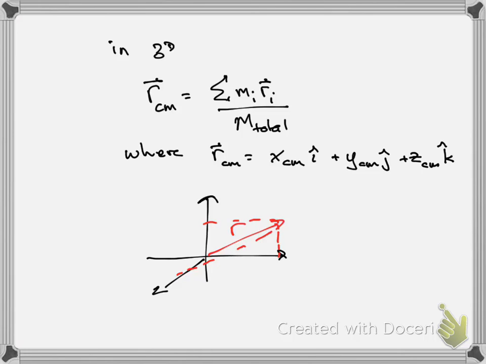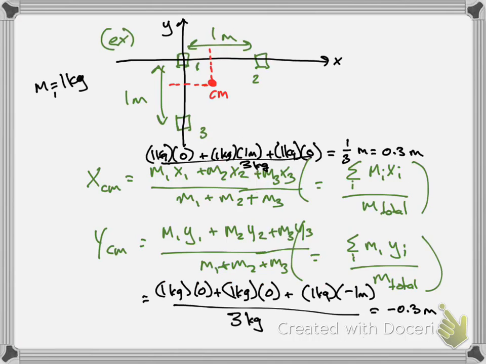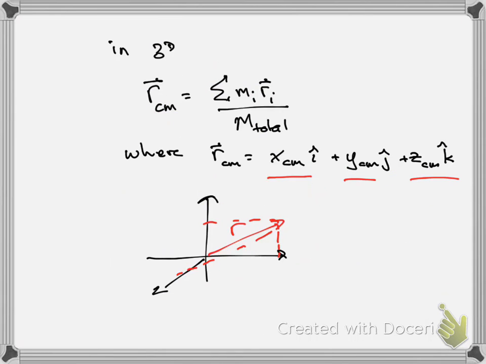And so that's just what this shows, that it has an x component, a y component, a z component, and if r is the center of mass vector, then those 3 components are each of the individual center of mass. It's just shorthand showing these 2 equations, and then with the z center of mass also.